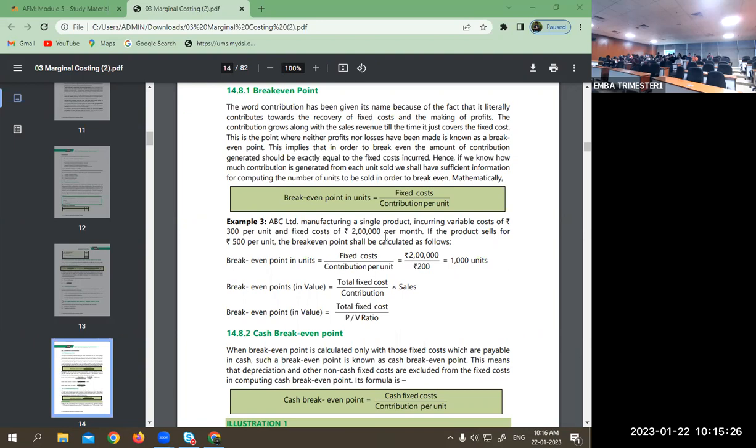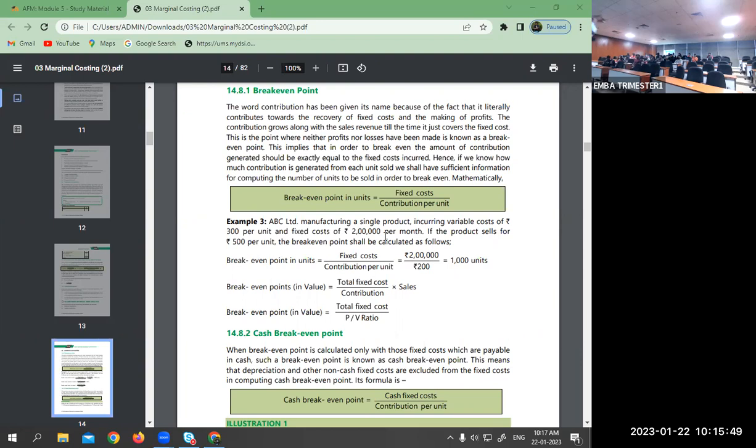Fixed cost should be equal to contribution for any kind of sales, for any given point of sales. That sales is called as break-even sales. How do I identify it? Fixed cost divided by contribution per unit. Look at the word. Per unit is important. For 1 unit, what is the contribution? In exam or in some other discussion, you may have total sales.